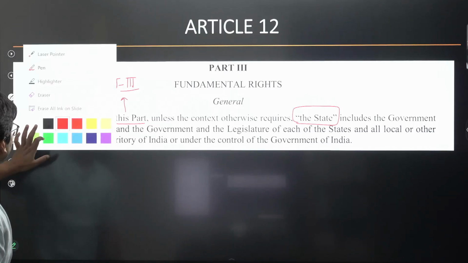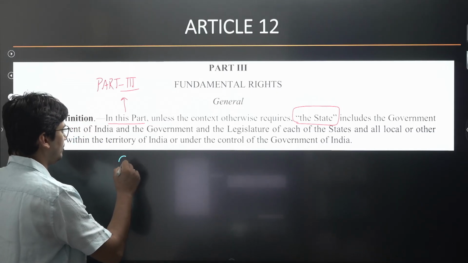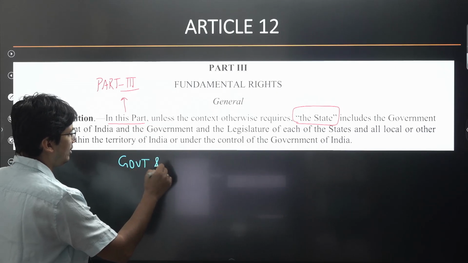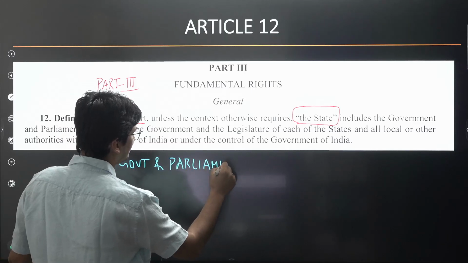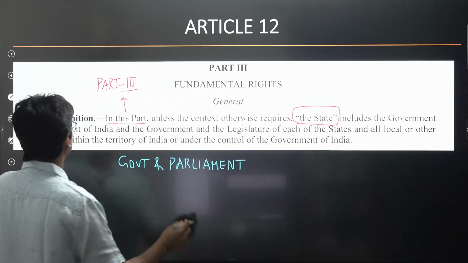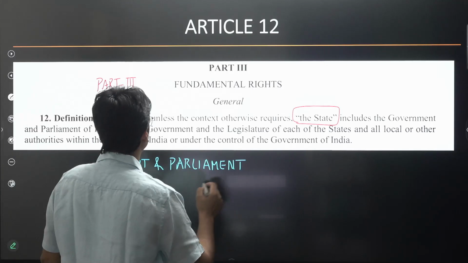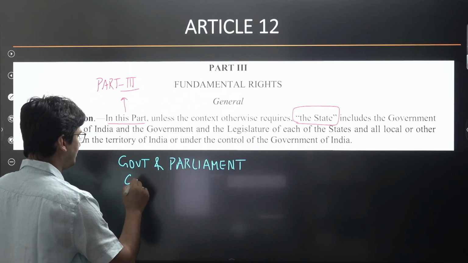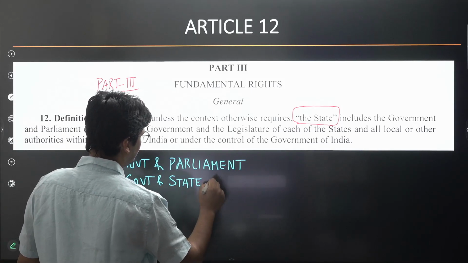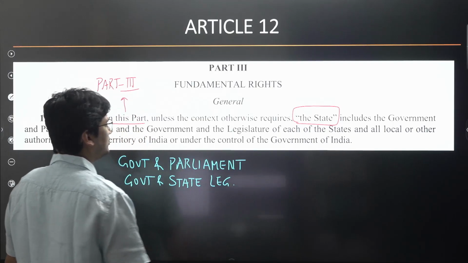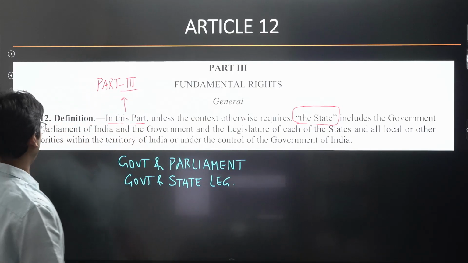So I'll write it here, whatever state includes: it includes government and parliament. What else? Parliament of India, government and state legislature of each state, and all local or other authorities.